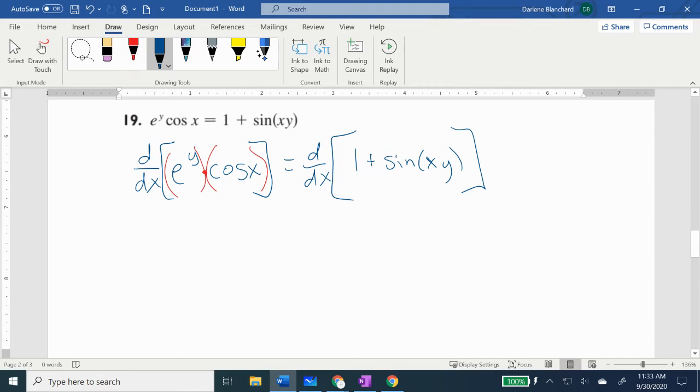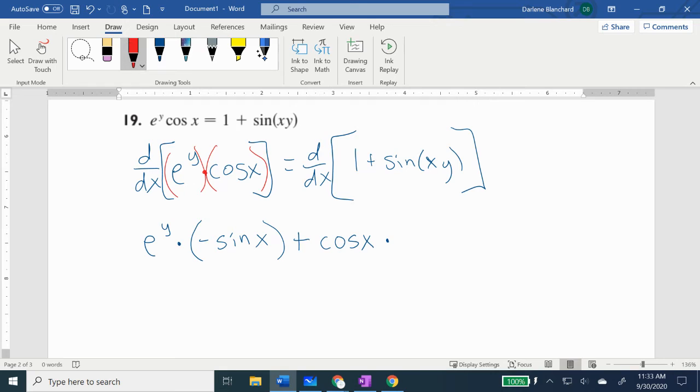With the product rule, I am going to keep one, multiply by the derivative of the other. The derivative of cosine x is negative sine x, and because it's with respect to x, that's all we've got. Continuing with the product rule, I'm going to keep the cosine x, and multiply by the derivative of e to the y.